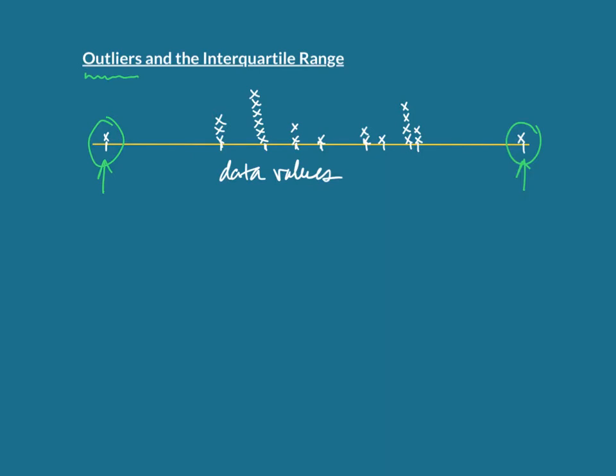So we're going to talk about that, and the way that we're going to do that is by computing something called the interquartile range. And the interquartile range, so inter means between, we know what a quartile is, and range means, not rage, range.